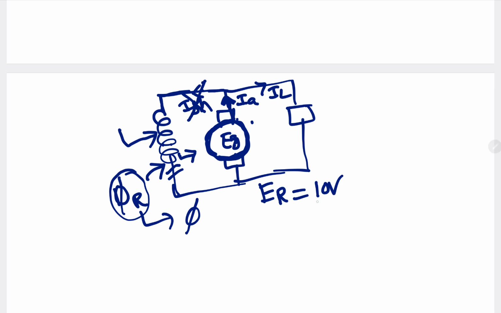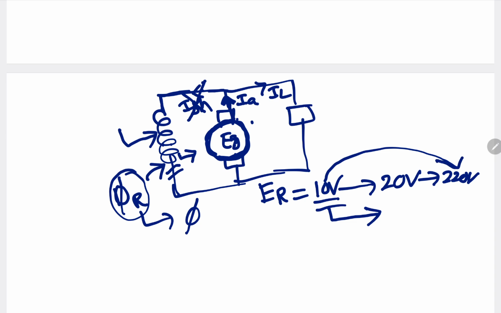Initially residual voltage is there, and because of this voltage, it will produce some current through the field winding, and as the current through the field winding increases, flux is going to increase. Flux increases means this EMF will again increase to some 20 volts, and it will go up to rated voltage. This is called the voltage build-up process in the self-excited DC generator.